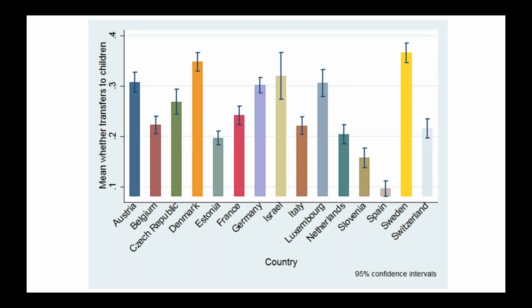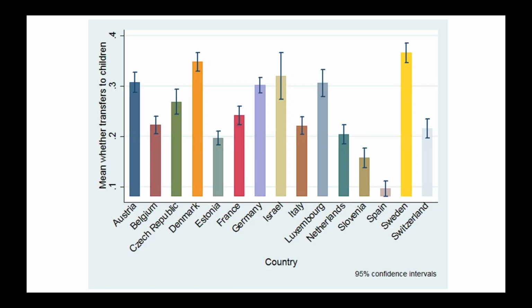If we wanted to look at this across all countries visually, which is sometimes more interesting, we can see all countries. We can see here that Sweden was really at the high end. Close to 40% of these households in Sweden are financially supporting their children. And again, Spain is at the very low end, less than 10%. And of course, there's a lot of countries in the middle: Belgium, Estonia, maybe France, Italy, Netherlands is about in the middle, Switzerland is in the middle.